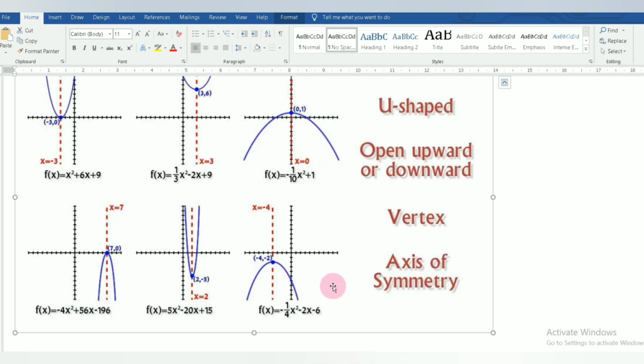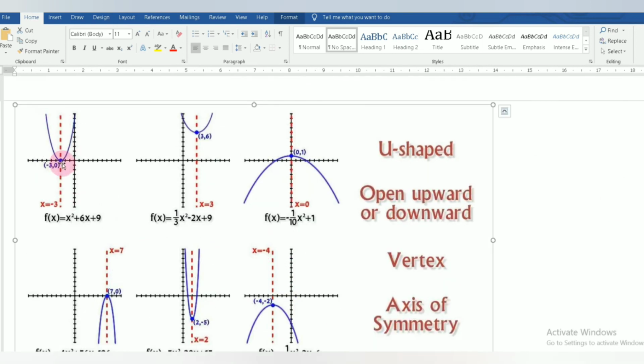But the thing that I want to recall is the axis of symmetry. As you can see, on the vertex, if you draw a vertical line, this is the axis of symmetry, or the line of symmetry, or the mirror, right? If you are asked what is the equation of the line of symmetry, of course you know that it is x equals something, since it's a vertical line, it depends on the value of x.